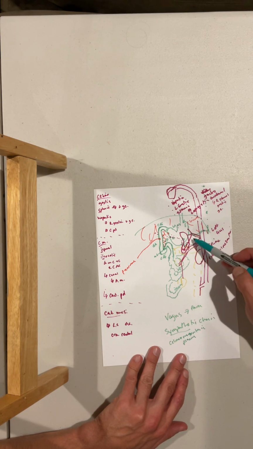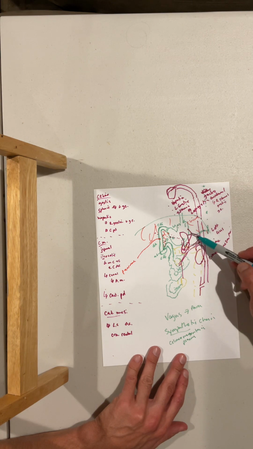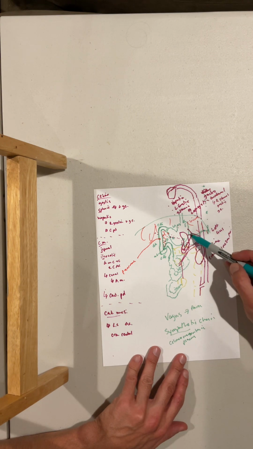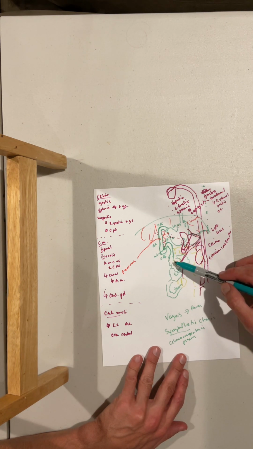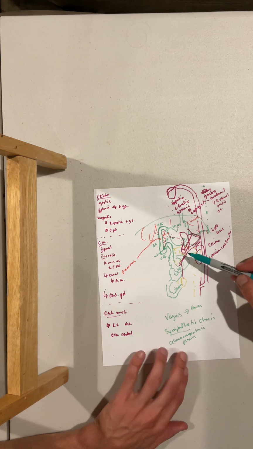Mostly because it's really hard to distinguish between the various nerve fibers, right? Now that from here essentially is going to distribute to the cranial part of the abdominal cavity.